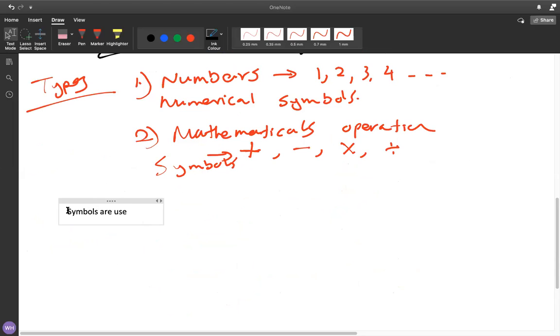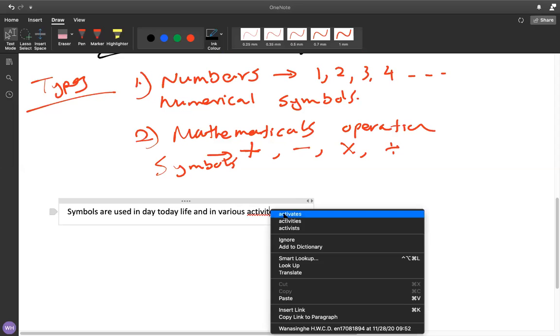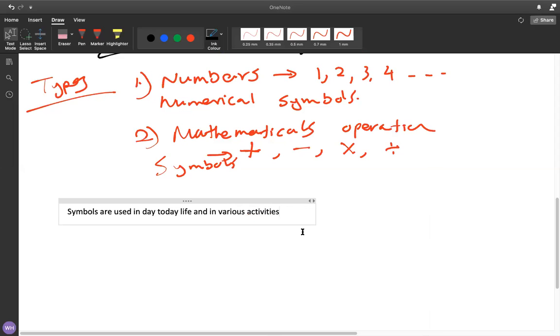First of all, write the thing that I am telling right now. Symbols are used in day-to-day life and in various activities to make them easy.